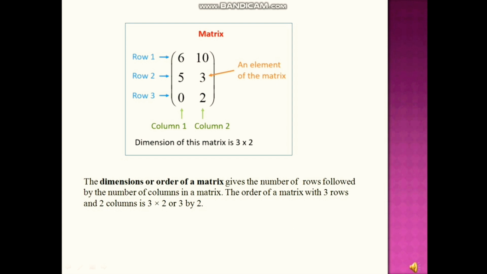The dimensions or order of a matrix gives the number of rows followed by the number of columns in a matrix. So the order of the matrix above is 3 rows and 2 columns. It is 3 times 2 or 3 by 2.